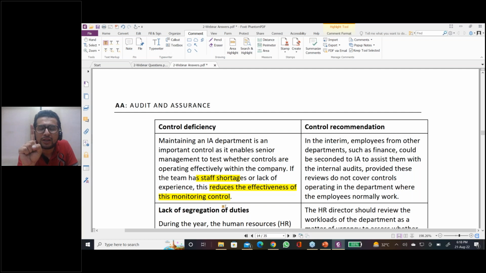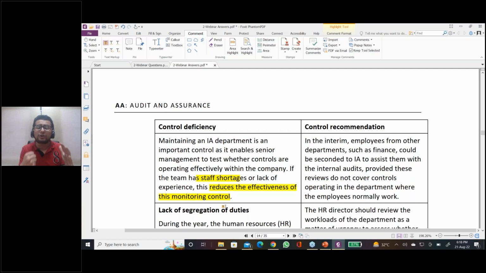Number one deficiency in the question was that the company is unable to reconcile the non-current assets with the non-current asset register. That could lead to fraud and error. That could lead to a situation where actual assets are misplaced. Second deficiency is that the internal audit department itself is understaffed. An internal audit department is an important control within an organization.